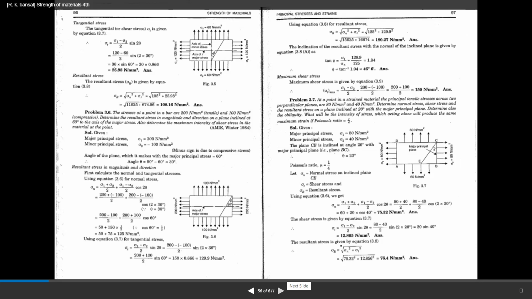Sigma 1 horizontally, sigma 2 vertically. See the two mutually perpendicular stresses acting in the rectangle, this particular body. The tangential stress or shear stress sigma t is given by equation 3.7. You know the derivation of the sigma t formula: sigma 1 minus sigma 2 by 2 into sin 2 theta.